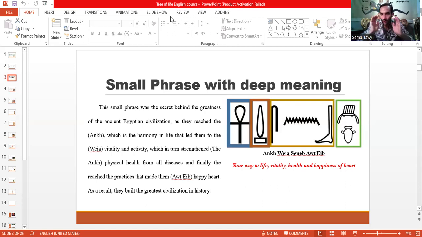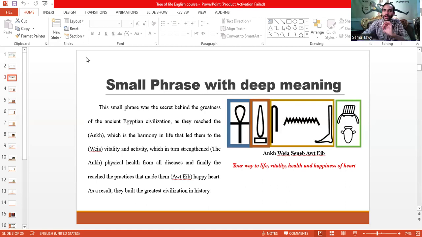So this small phrase with a deep meaning collects and summarizes the meaning and the idea and the goal of the tree of life in ancient Egypt.